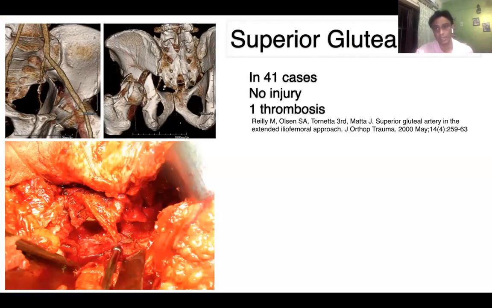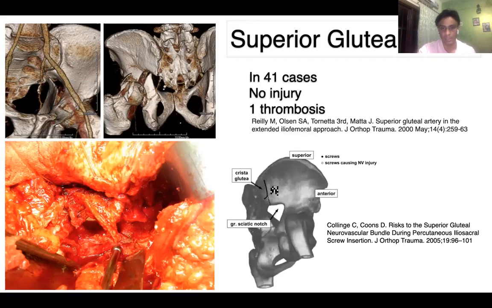There is also a possibility of the superior gluteal artery getting injured during the extended iliofemoral approach. A paper published from North America reported that the approach is quite safe and they did not encounter a lot of injuries. They encountered only one thrombosis and no direct injury in about 41 cases. So pretty much safe there.